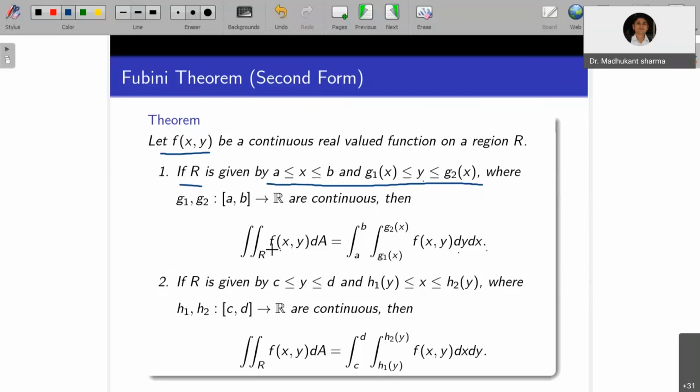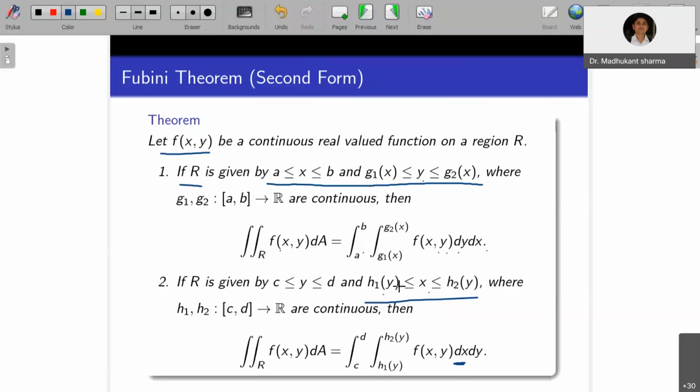Here you are supposed to first integrate with respect to y, then with respect to x, because y has a variable limit. If instead x has a variable limit, you have to first integrate with respect to x, then with respect to y. Again, x must be bounded by continuous curves.